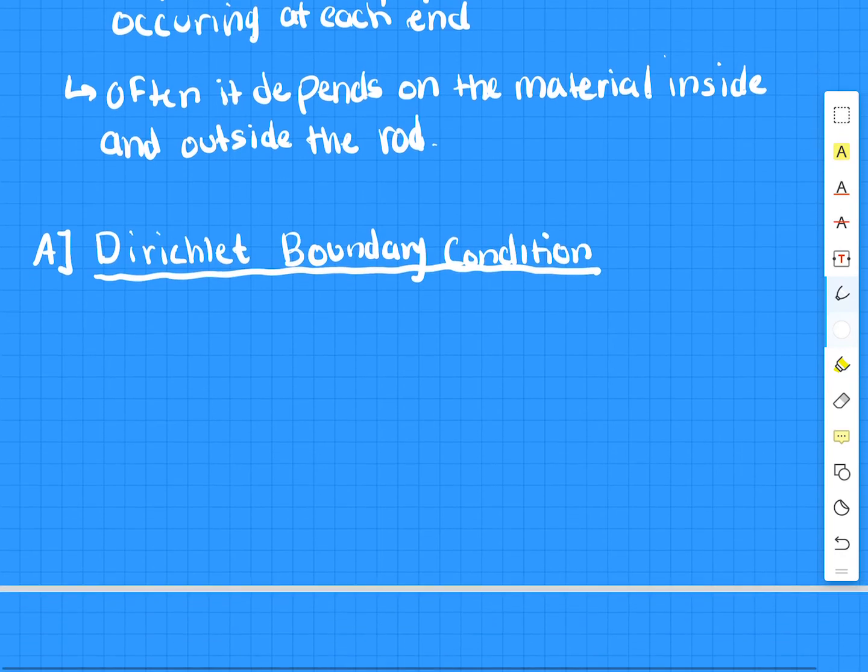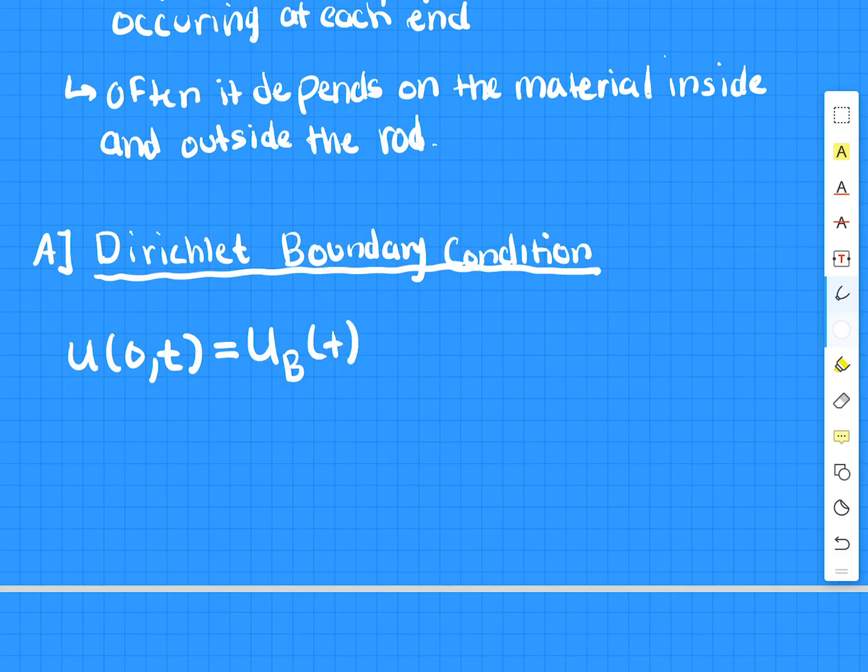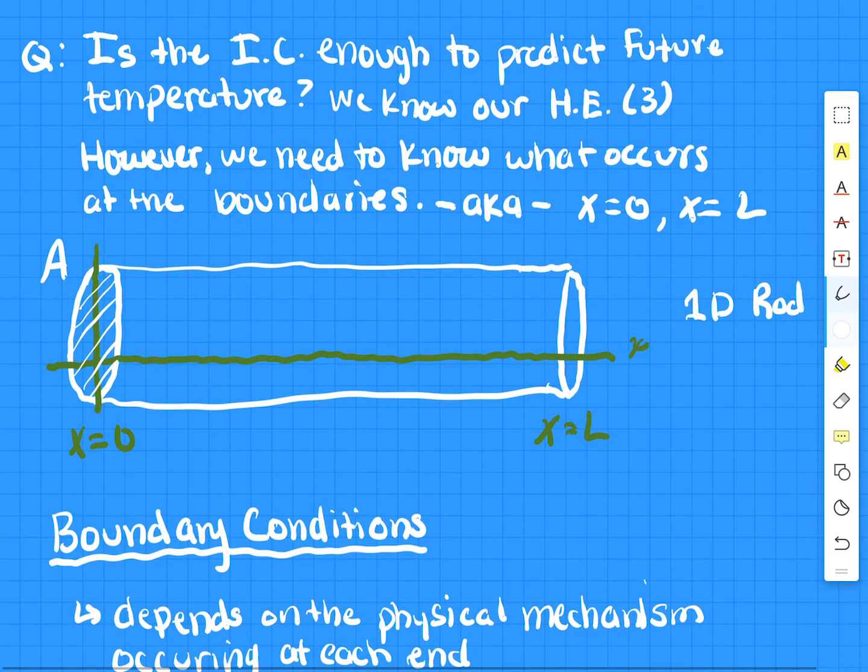So mathematically, the way we would represent this is that U at 0, t is equal to U sub b of t. And again, if we look back up, this should have been, yes, p.